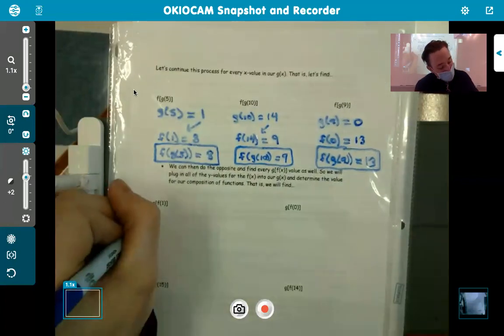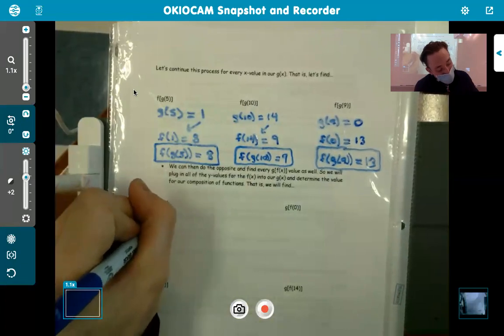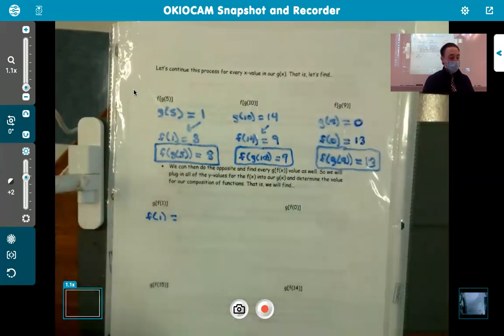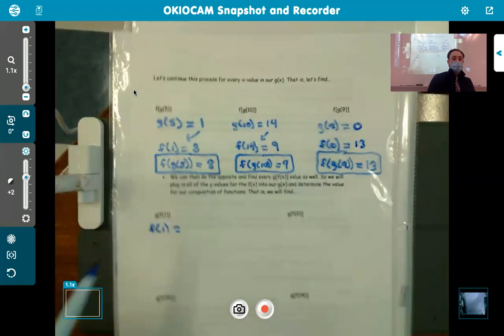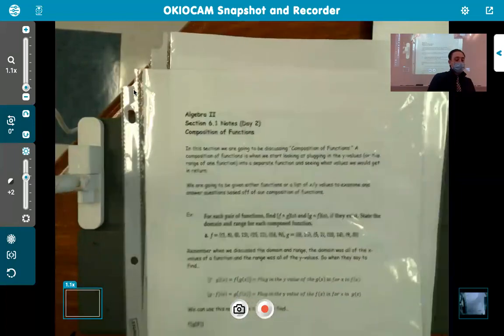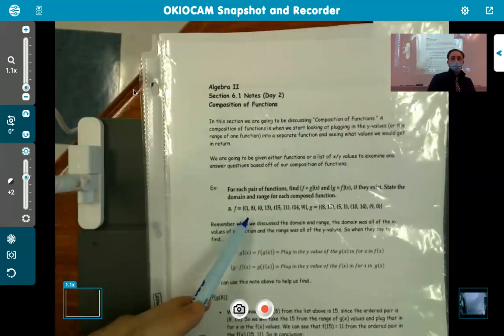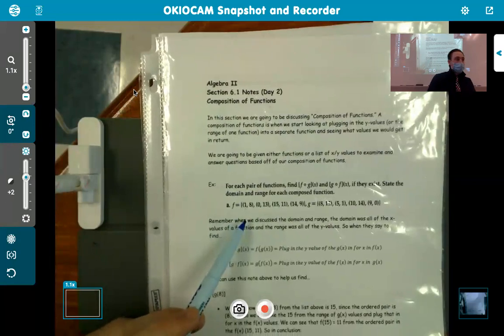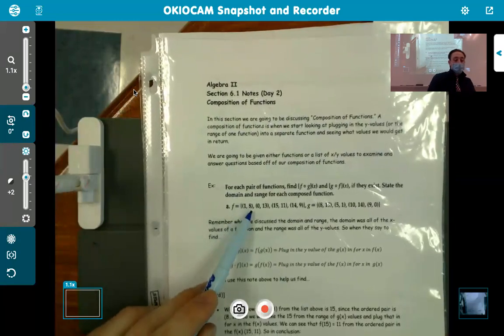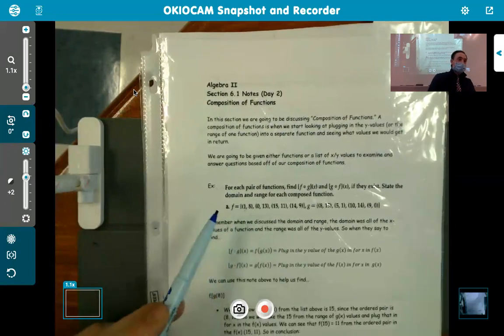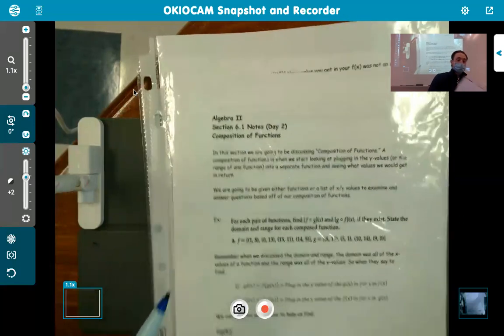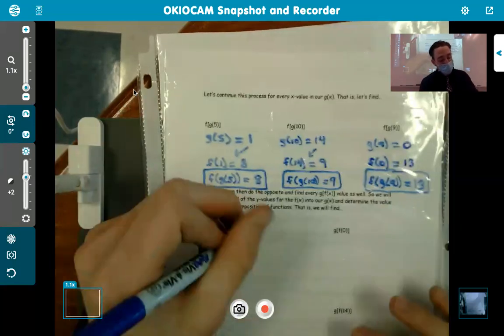So I go to f of 1 to start, right? That's the inside of my function. If I'm looking at my list, what's f of 1? 8, right? It's whatever the y value is for 1 as an x value in your f function. So f of 1 is 8.